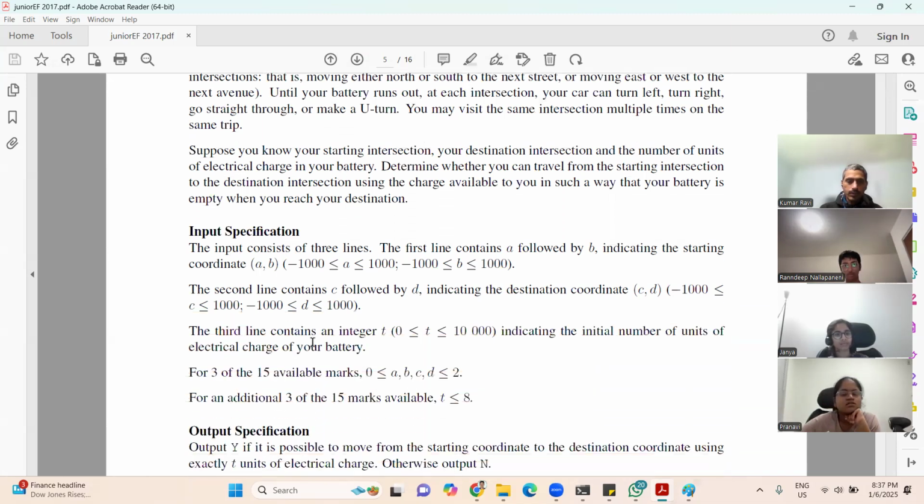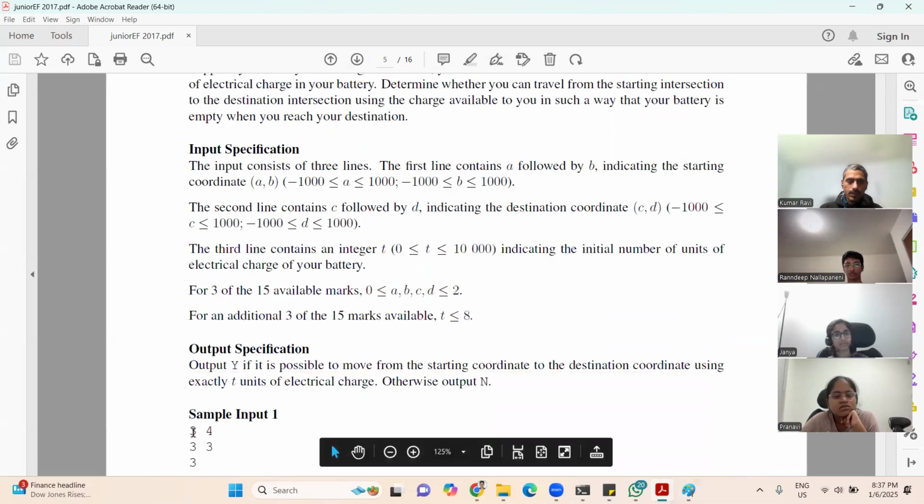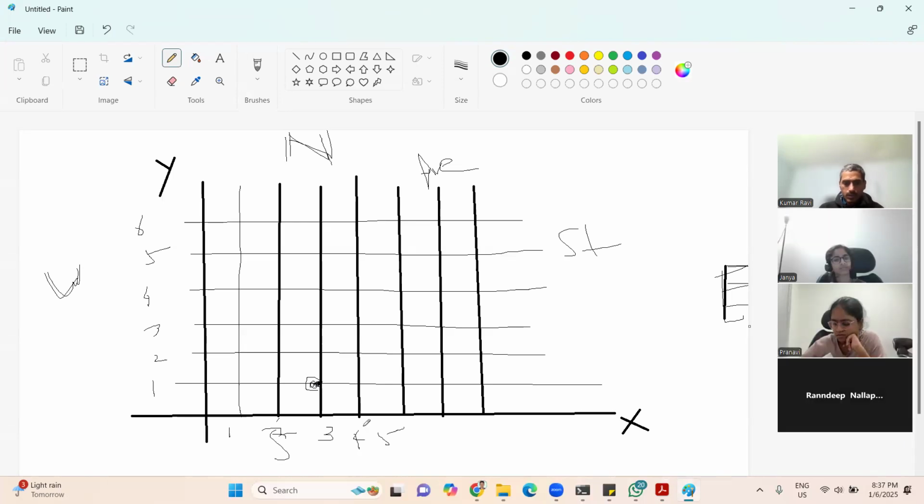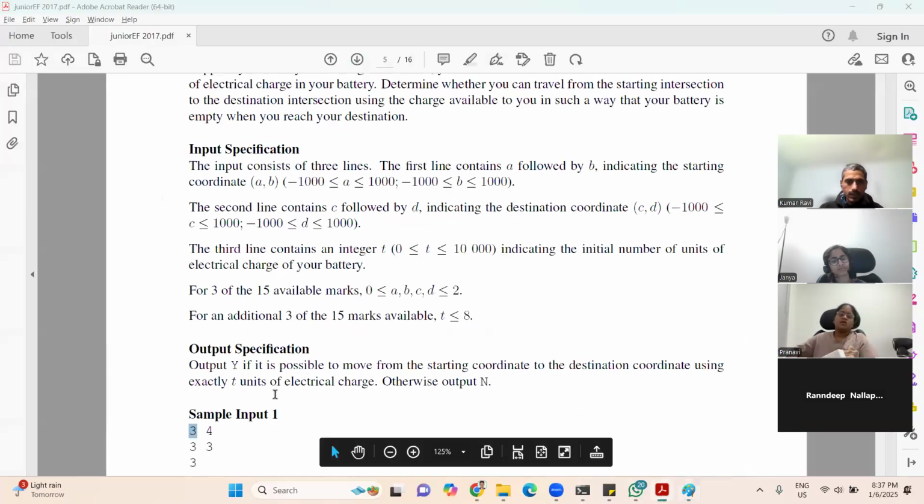So here you can see 3 is avenue. This one is avenue, and this is streets. So 3 is avenue and 4th is a street.